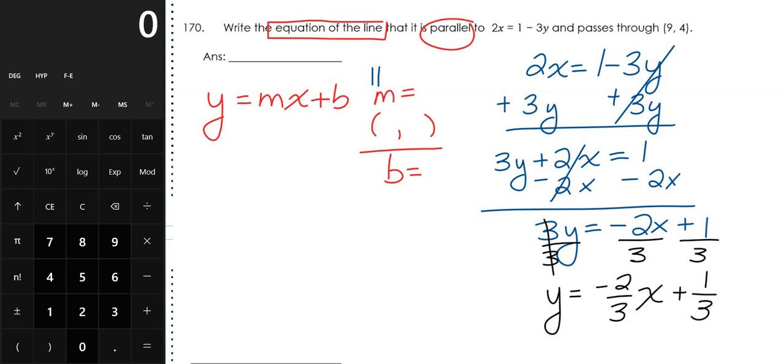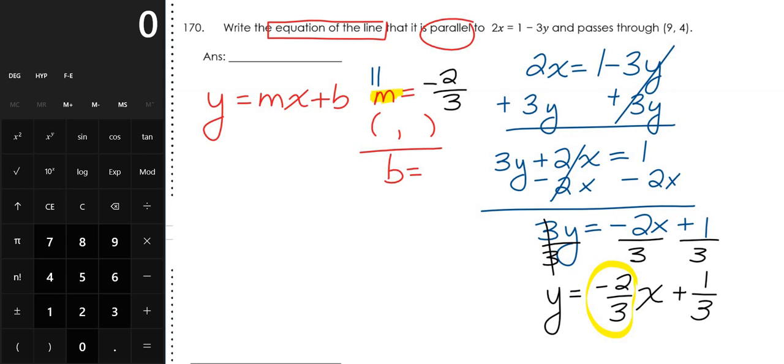Now the reason we care about this line is because we want to look at the slope, the negative 2/3. If your line is parallel to the line given by the equation, you should have the same slope for your line. So we're going to put in that our slope is also going to be negative 2 over 3. If they said perpendicular, our slope would be a positive 3 over 2, but they want parallel.